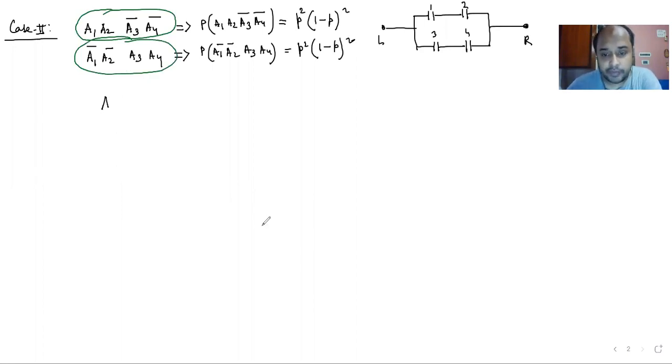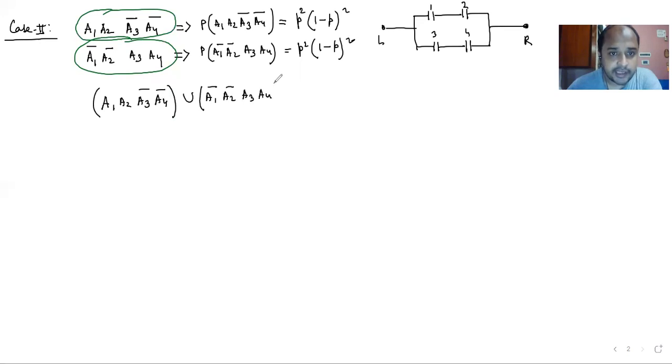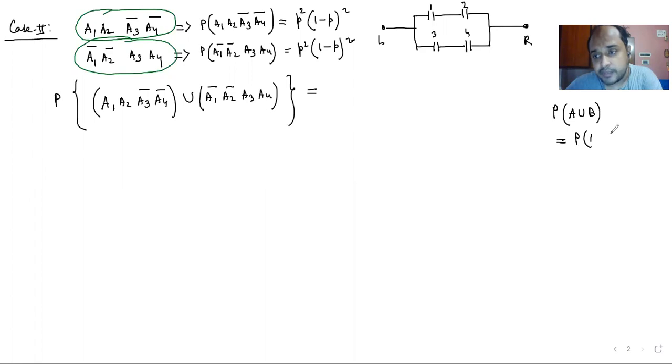So the probability that either this event or this event happens is the sum of their individual probabilities, because the probability of A union B for mutually exclusive events is PA plus PB.